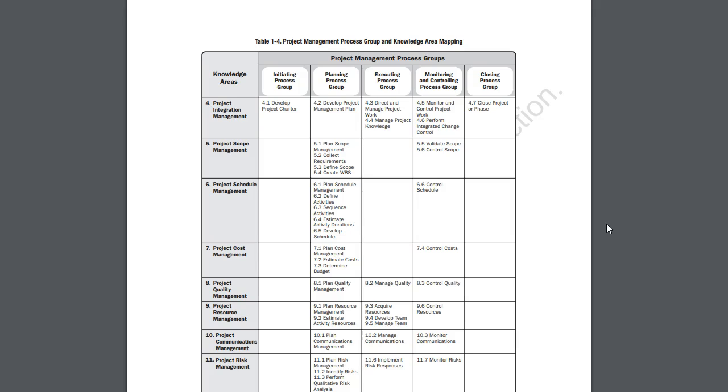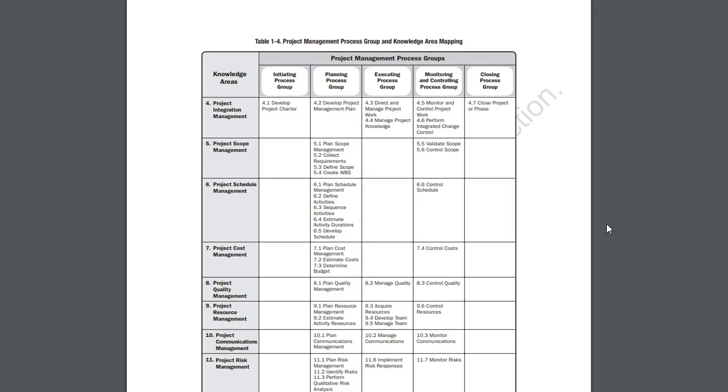In the planning process chunk, we have 9.1 and 9.2. In executing, in other words, making it happen, 9.3, 9.4, 9.5. Monitoring and controlling, which is also very important, 9.6. And then closing out, so notice those don't happen in the closeout phase, but they do in that integration piece.